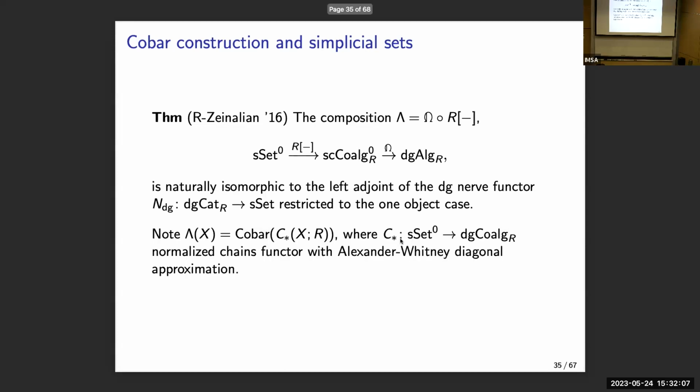Yeah. So note that this construction is the same as applying the Kovar construction to the normalized chains on the simplicial set X. This follows by definition, where you're considering these chains as a differential graded coalgebra equipped with the Alexander-Whitney diagonal approximation.